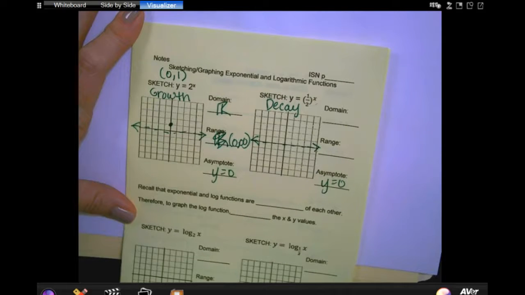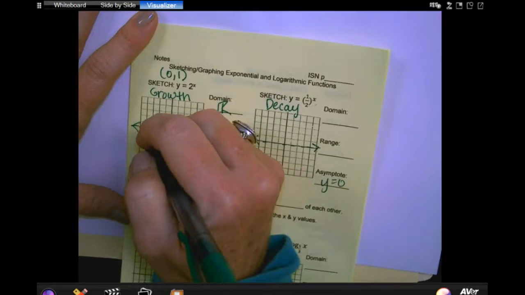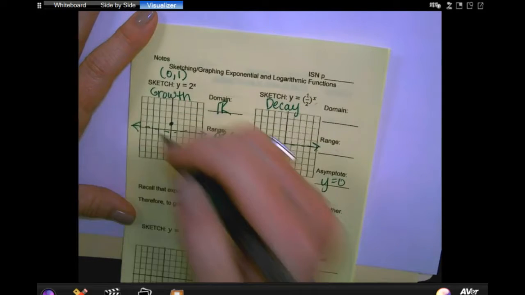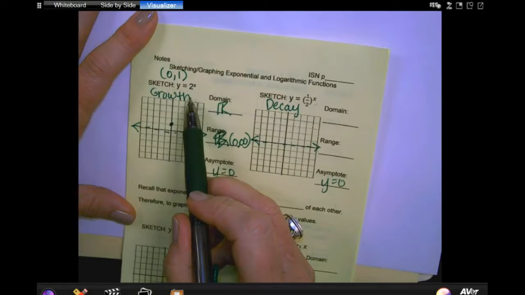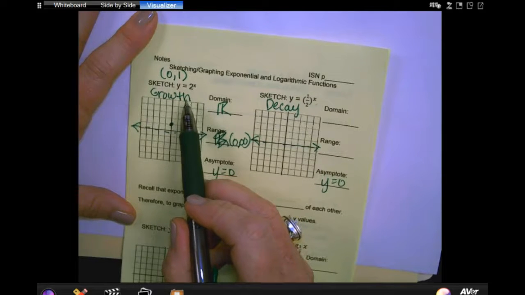And it's positive. Is there any number I can put in there that's going to get below the 0? No. That isn't what you were telling me.